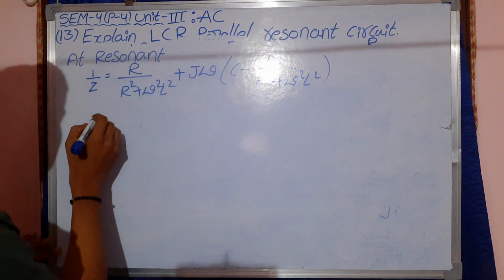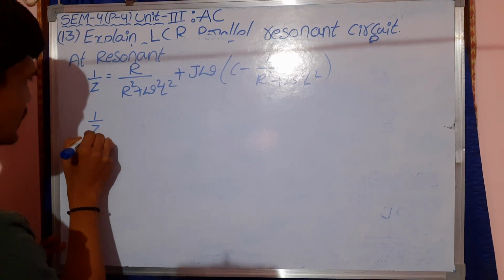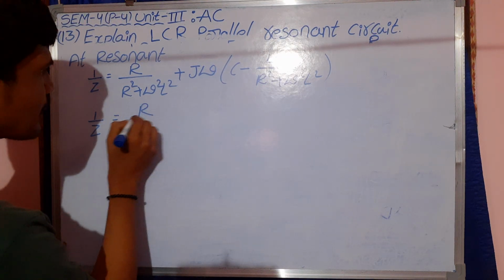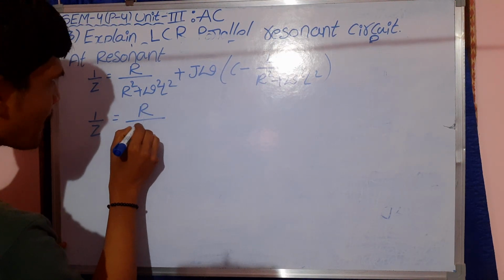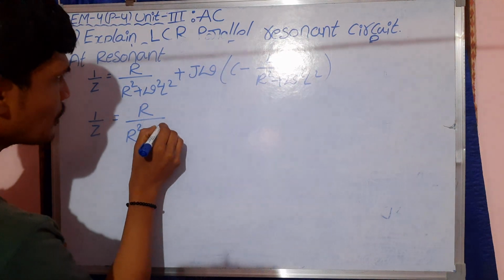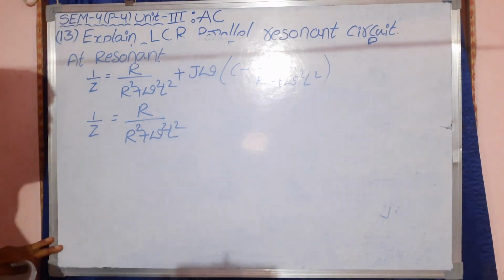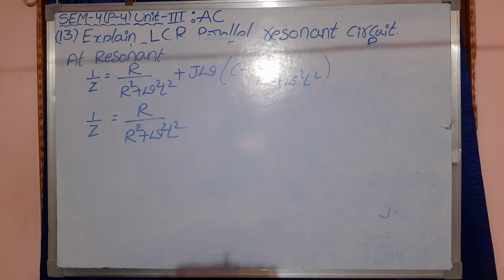At resonance the second term vanishes, so 1 by Z equals R by R square plus omega square L square.